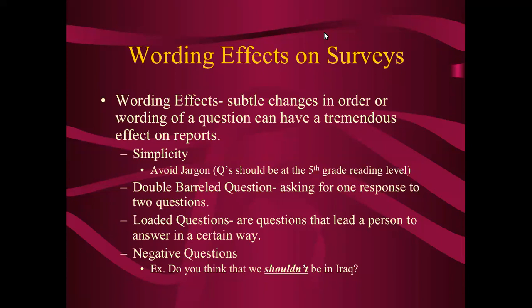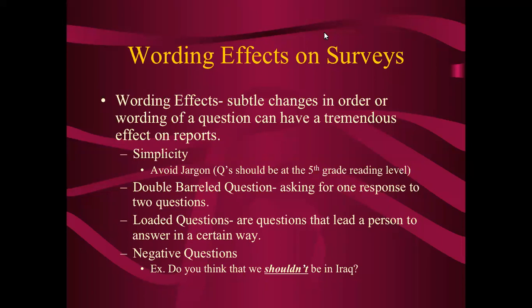And what we found is that in general, questions should be written at roughly a 5th grade reading level. I know that may sound insulting because your reading levels are greater than a 5th grade reading level, but the average person has roughly a 5th grade reading level. So if you use jargon, very technical words, or words that are unfamiliar to the general population, you're going to lose people.